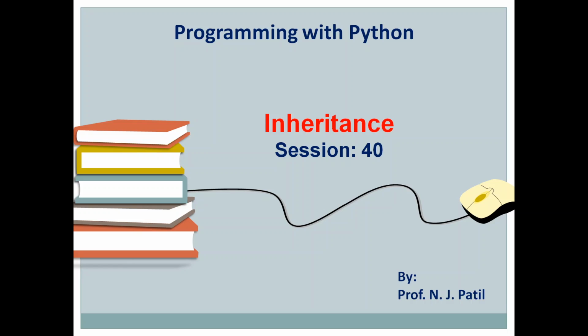Instead of defining these properties and behavior in separate classes, we can make one class inherit those properties from the other class, and this mechanism provides us code reusability. This will also help us to reduce the lines of code in the program.